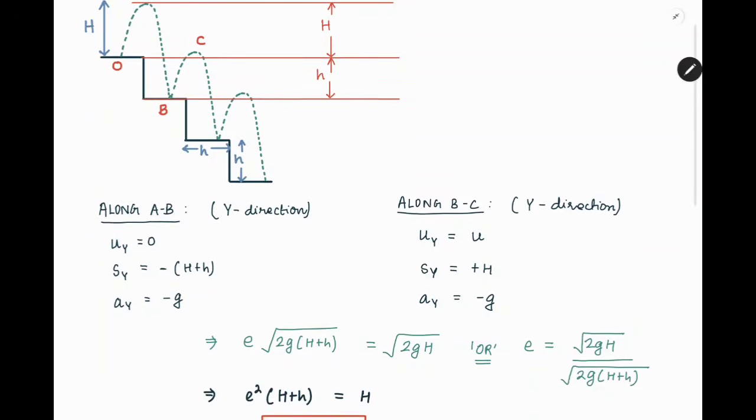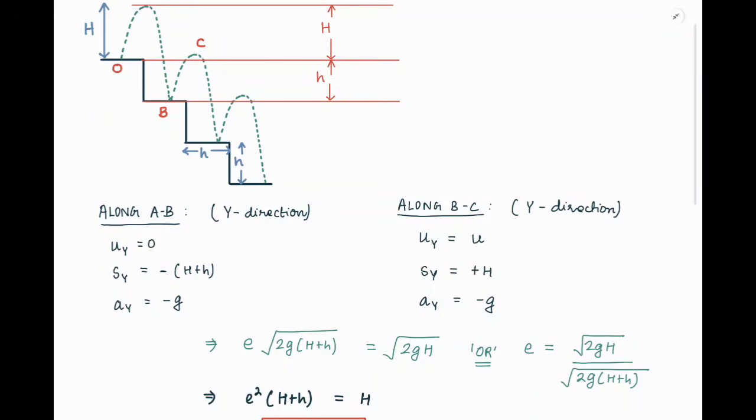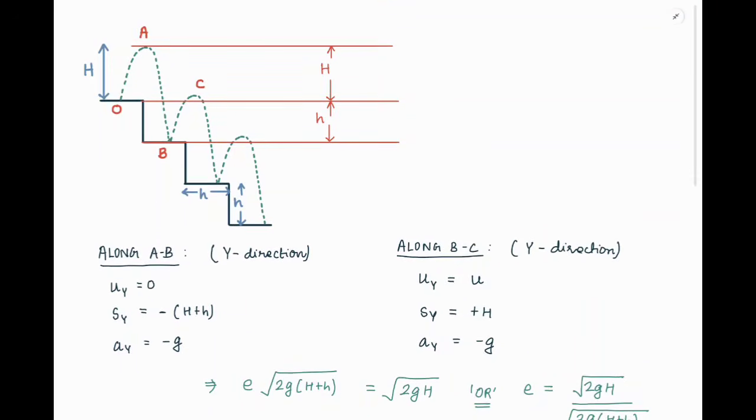So again time duration. Now the question is asking us air time between two successive bounces. So either you can calculate the time from O to A and then A to B, or you can calculate time from A to B and then B to C.